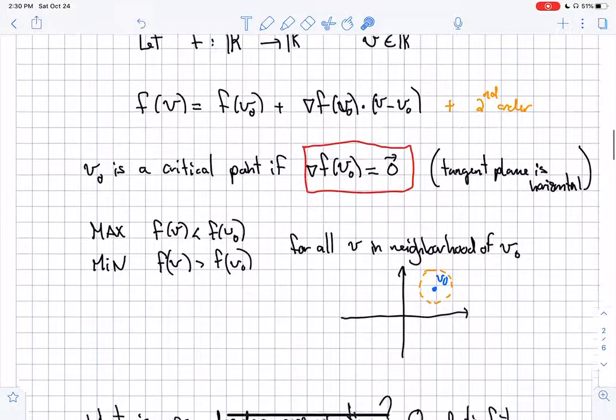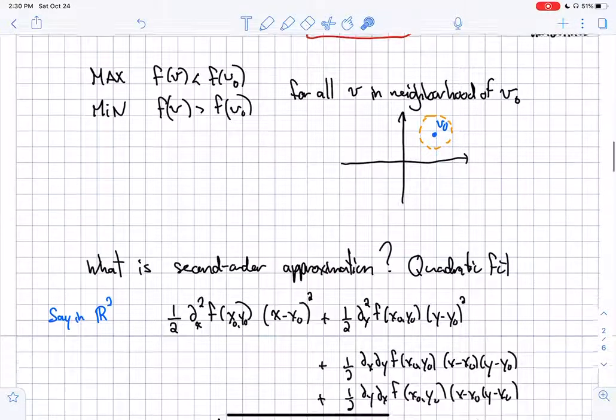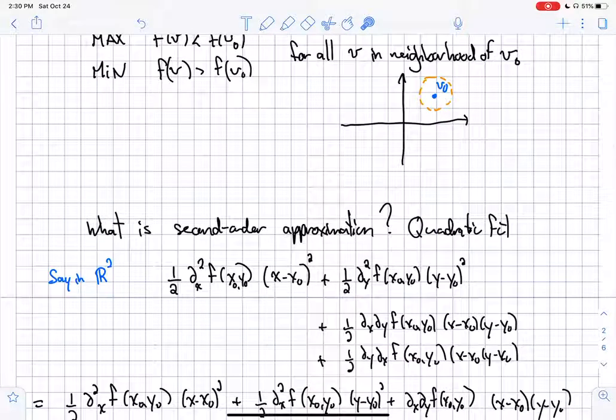So what's the second order of a function? Let's write it for two inputs because it's not as long. So I have to look at the second derivative. Clearly I should have 1/2 the second derivative in x times x minus x0 squared, exactly like I have in 1D. I should do the same thing for y, okay?